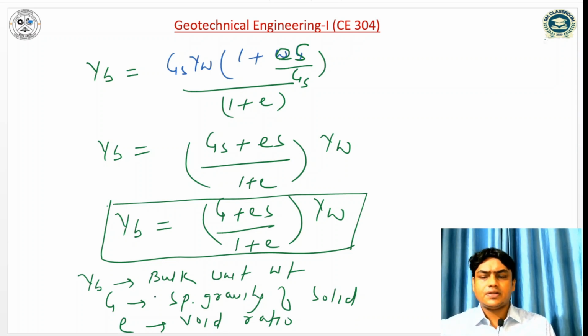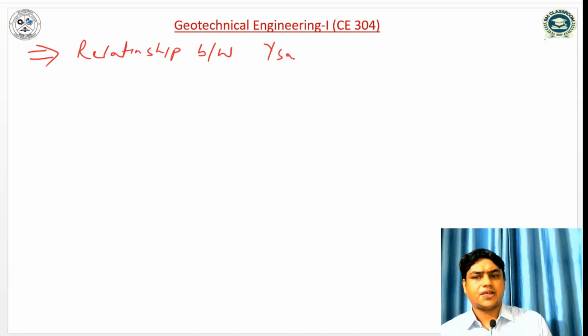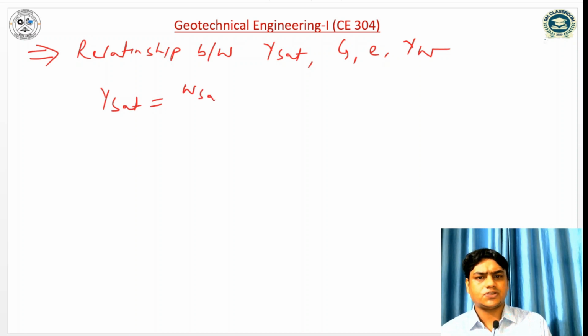Similarly, if I derive another relationship, that is the relationship between gamma sat, G, e and gamma W. We know that gamma sat is equal to weight of saturated soil divided by volume, and weight of saturated soil can be written as weight of water plus weight of solid, divided by volume of void plus volume of solid.